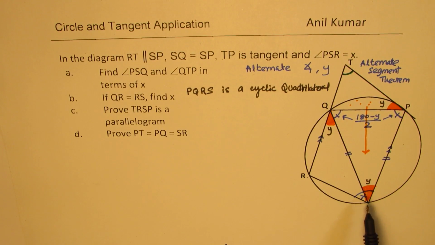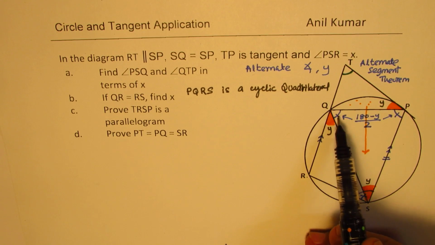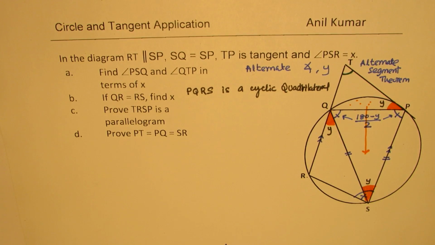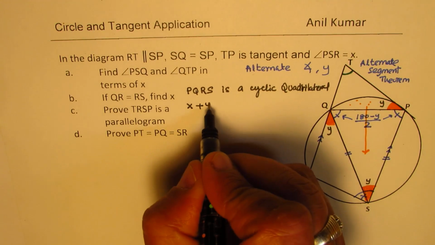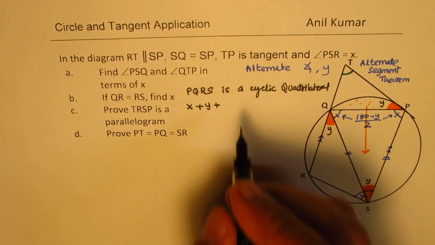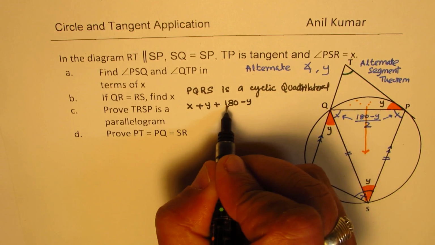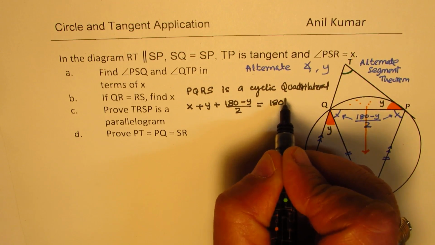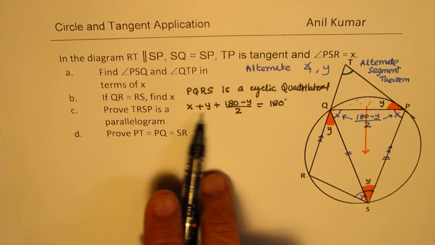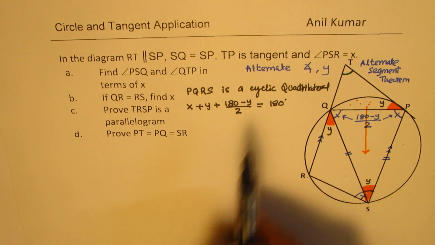So x plus y plus (180 minus y) by 2 should be equal to 180 degrees. So that relates y with x. Clear?